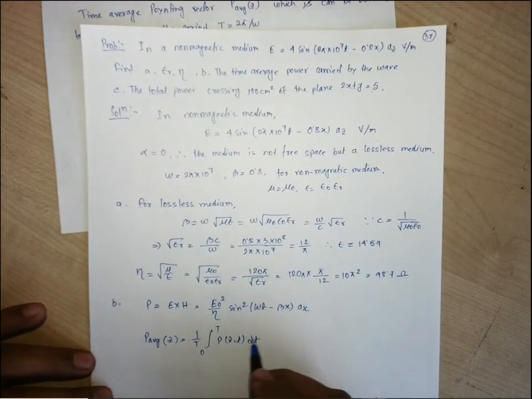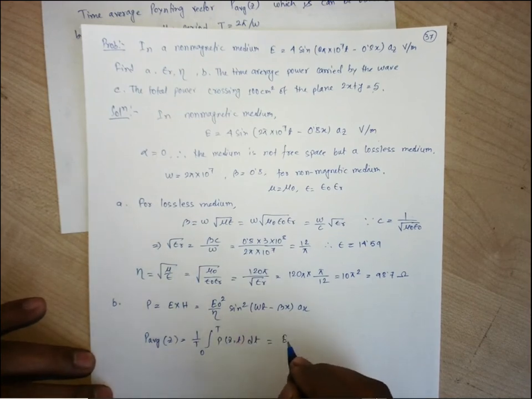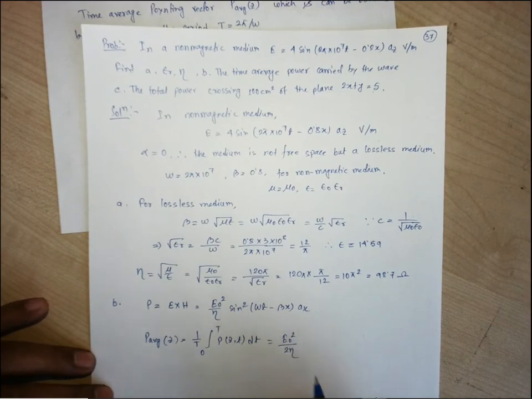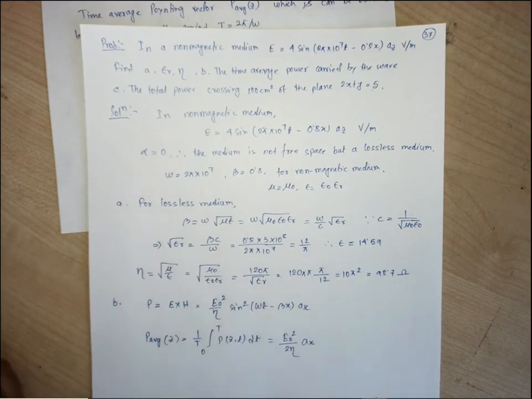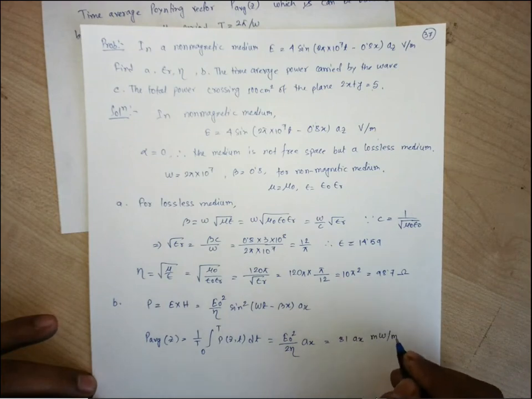If we go with this integration, we'll have only E square by twice eta along ax. So this will come out as 81 ax milliwatt per meter square.